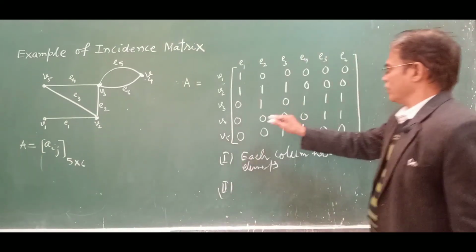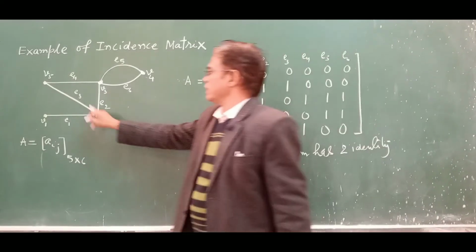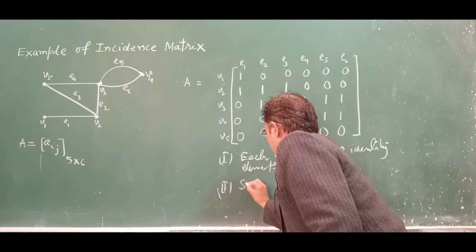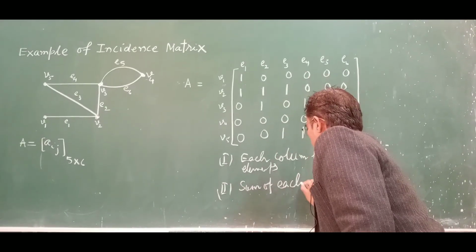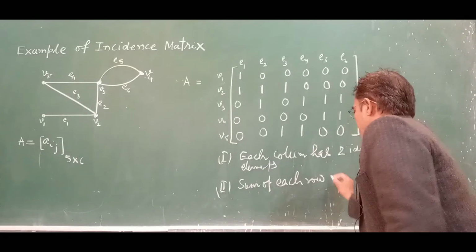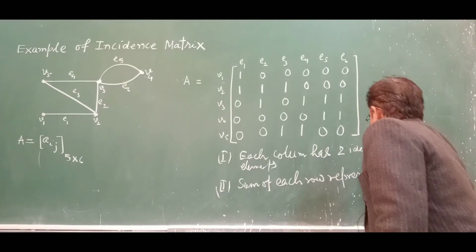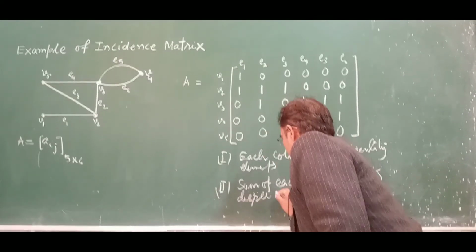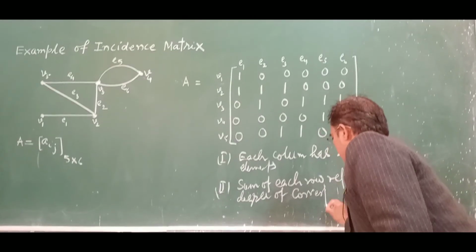Similarly for V2, the sum of the second row is 3, so the degree of V2 is 3. So this is the next property: the sum of each row represents the degree of the corresponding vertex.